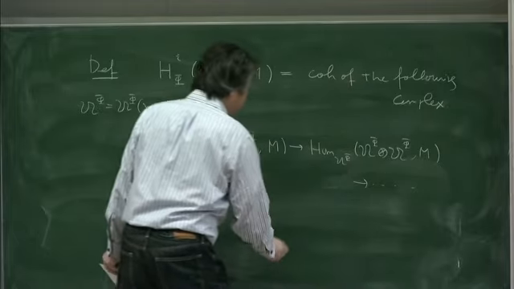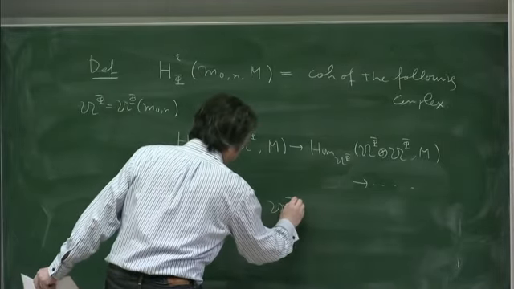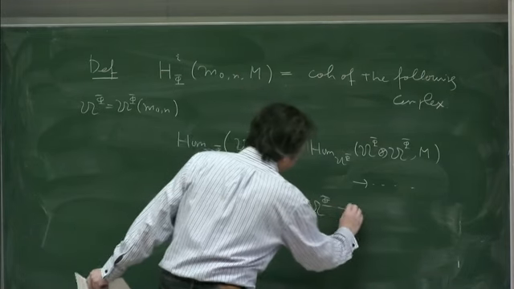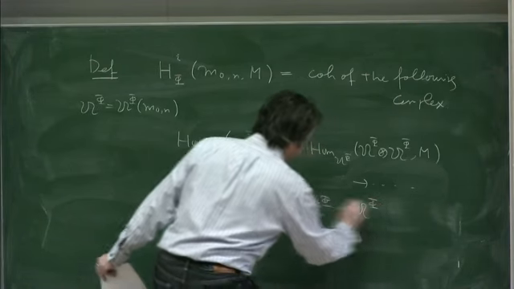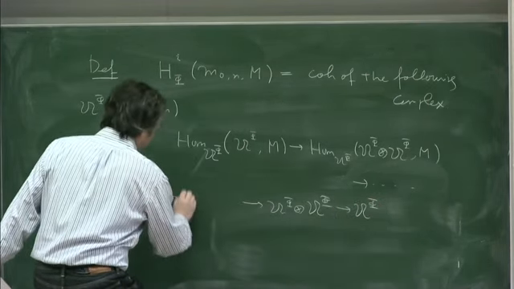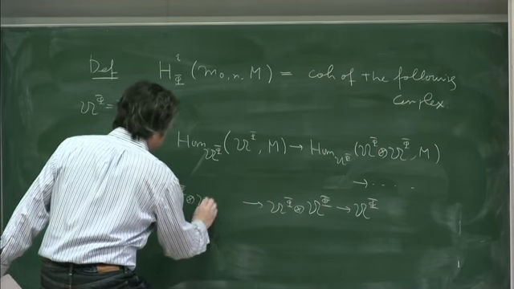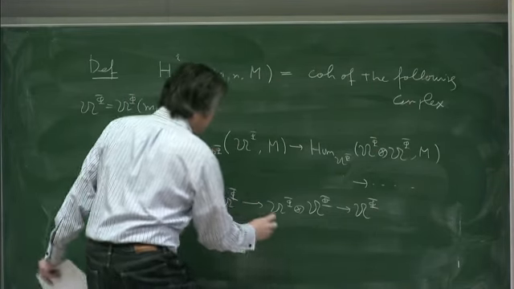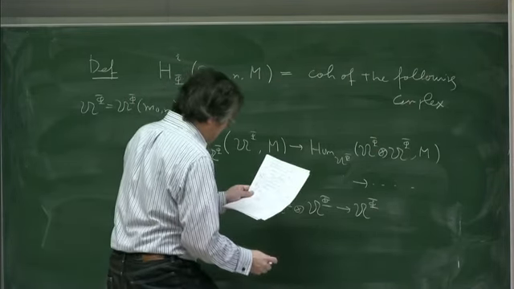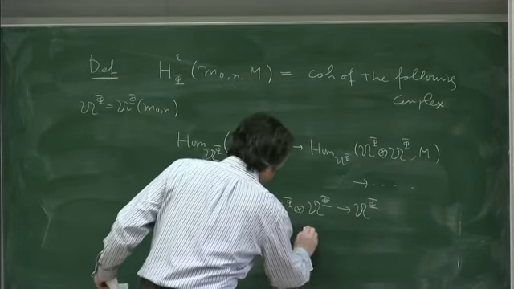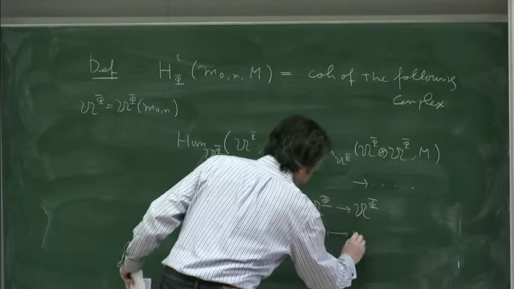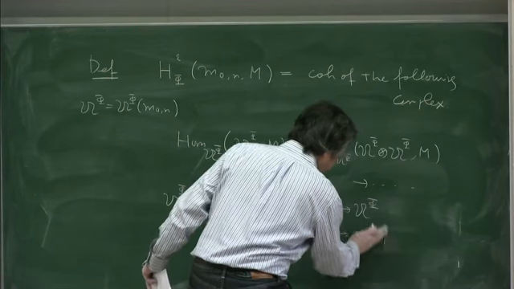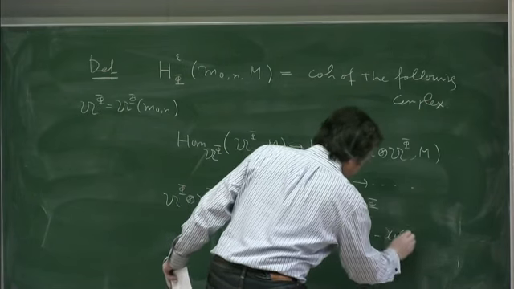And this map is given by U phi tensor U phi to U phi tensor U phi tensor U phi. X tensor Y goes to XY minus YX times epsilon(Y).